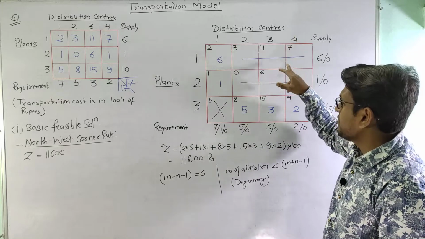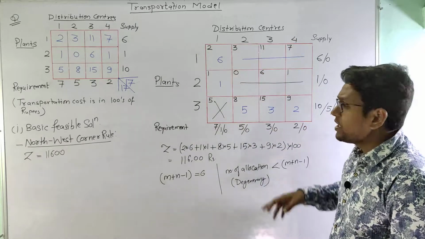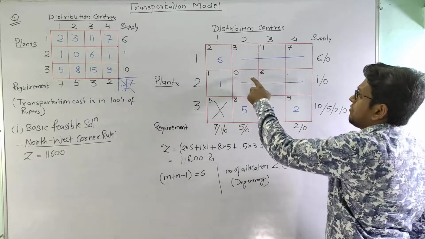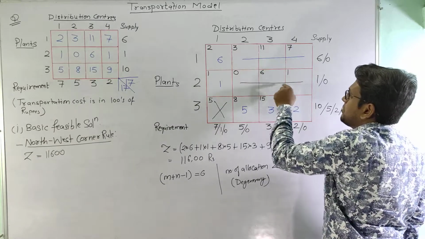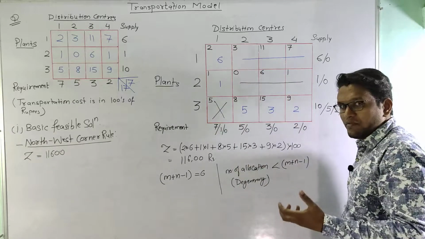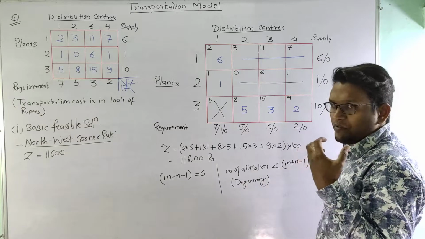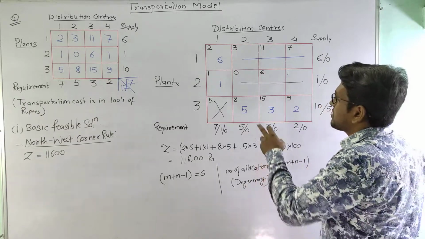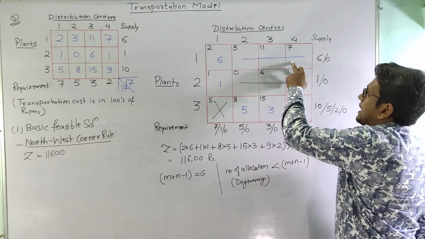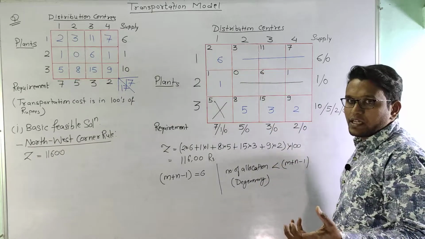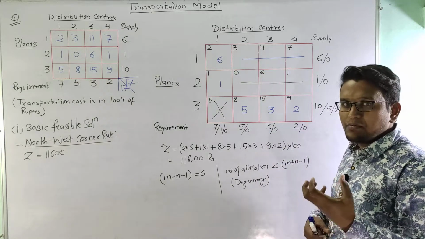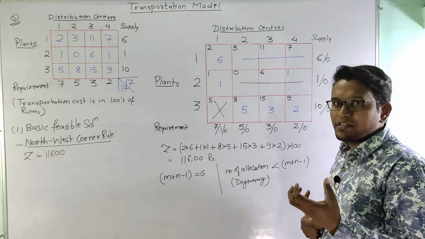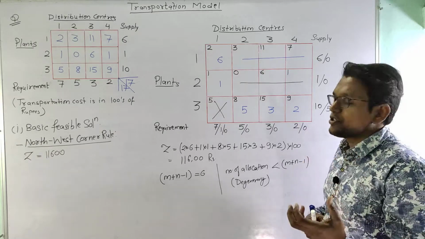where we will not form a loop. That means there is still one possible allocation that can be made, and generally what we do for checking the optimality is we will select a cell and put a value epsilon there, and the value epsilon means null value. That means it has 0 allocation.